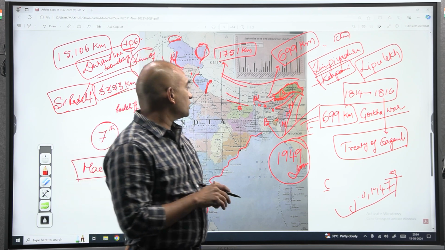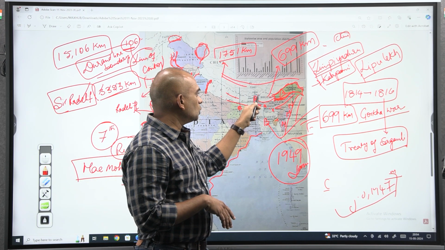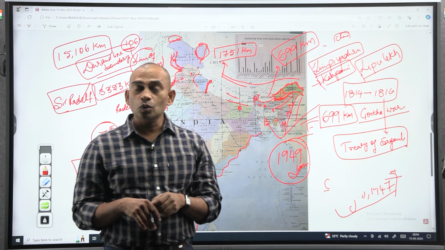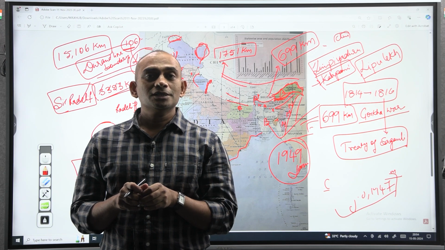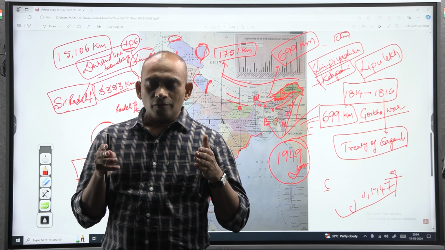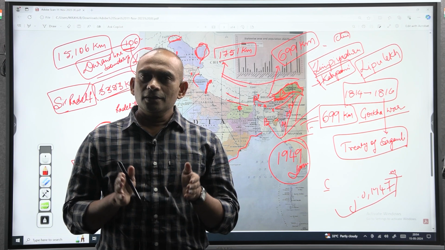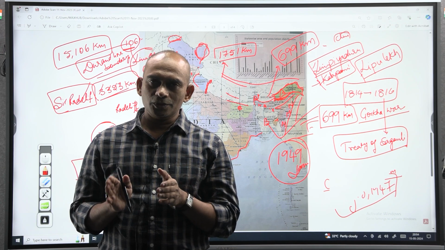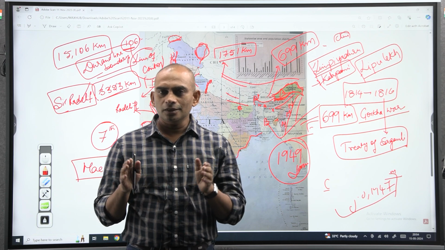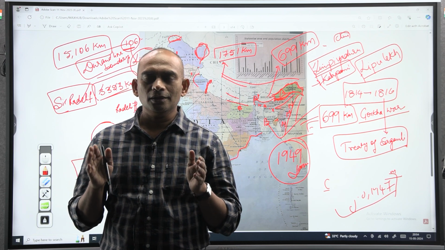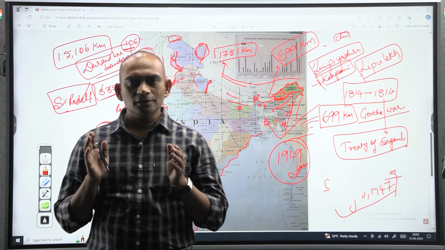And there was a dispute, the Doklam dispute. Doklam belongs to the Bhutan area. So actually China entered. Way back in 2017, that issue was in the news. That was resolved for some time, for some point.